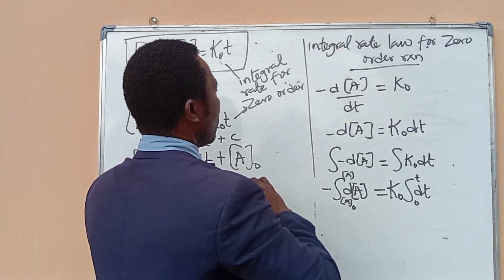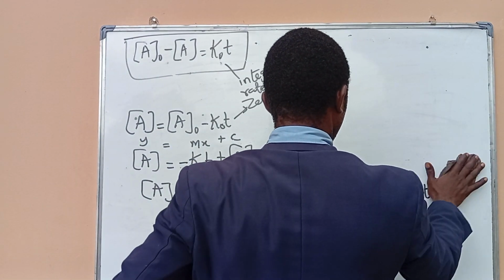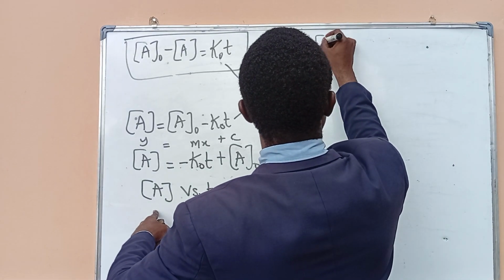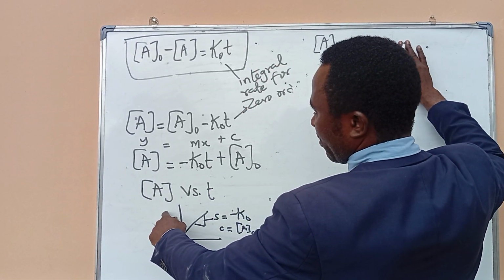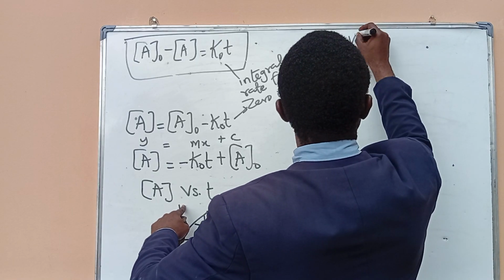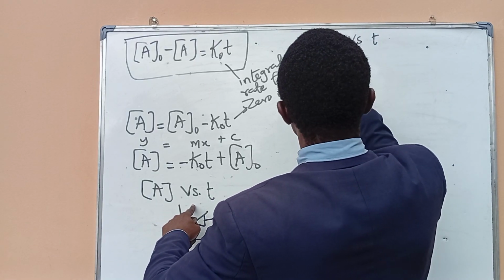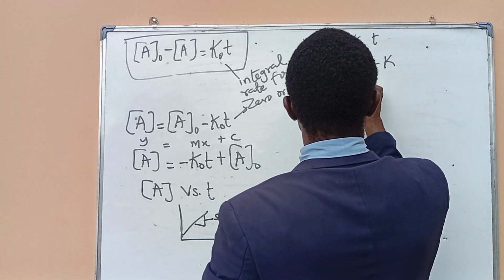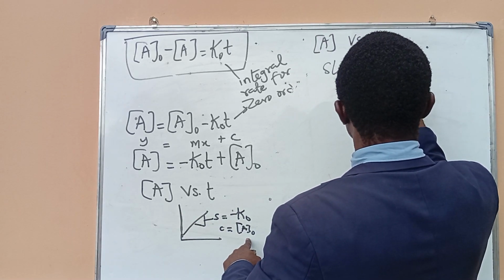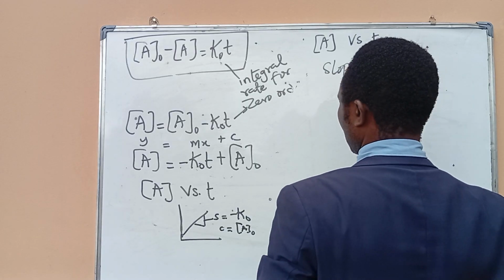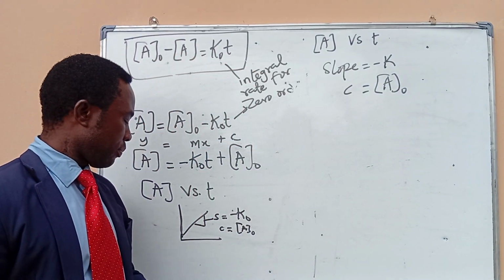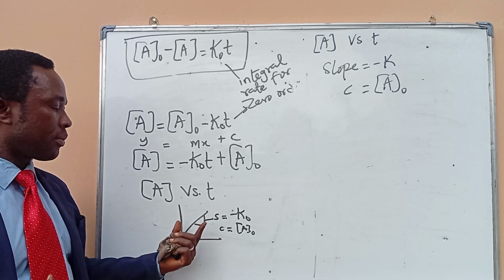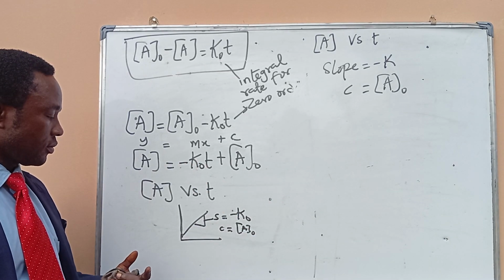So for a zero order reaction, we have seen that if we plot the final concentration against time, we get the slope to be equal to minus K. We also get the intercept C to be equal to the initial concentration. That is also very important. So the plot of final concentration against time is a straight line graph.